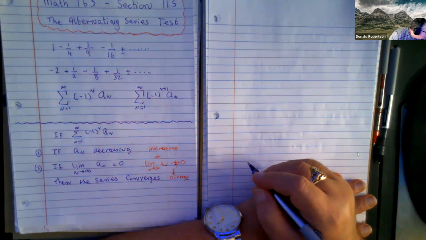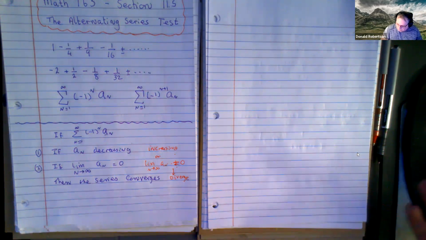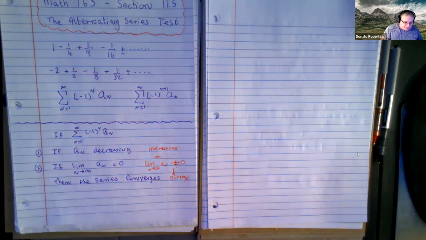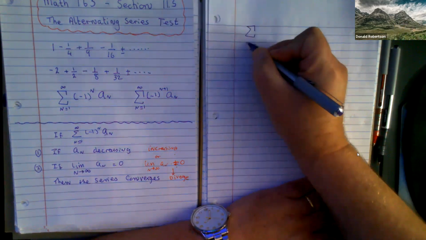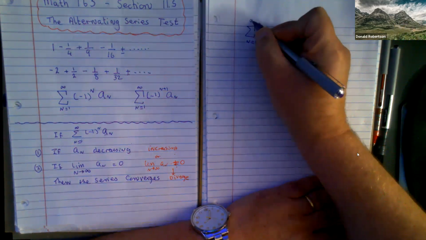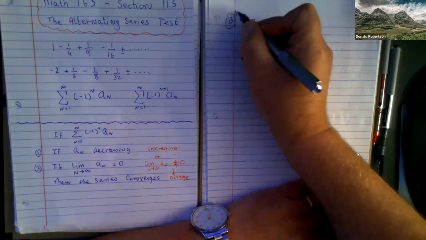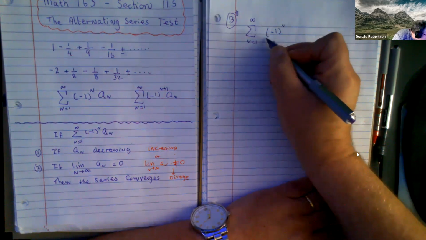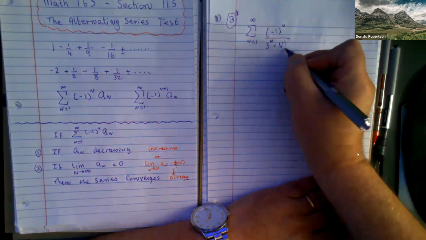And your job is to approximate what it would add up to, to 2 or 3 or say 4 decimal places, to a certain degree of accuracy. So you go n equals 1 to infinity. This is question 13, and it happens to be -1 to the n over 3 to the n times n factorial.